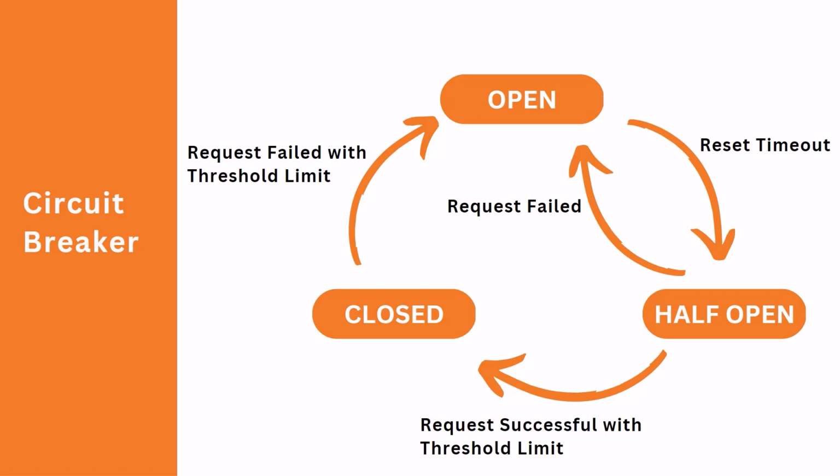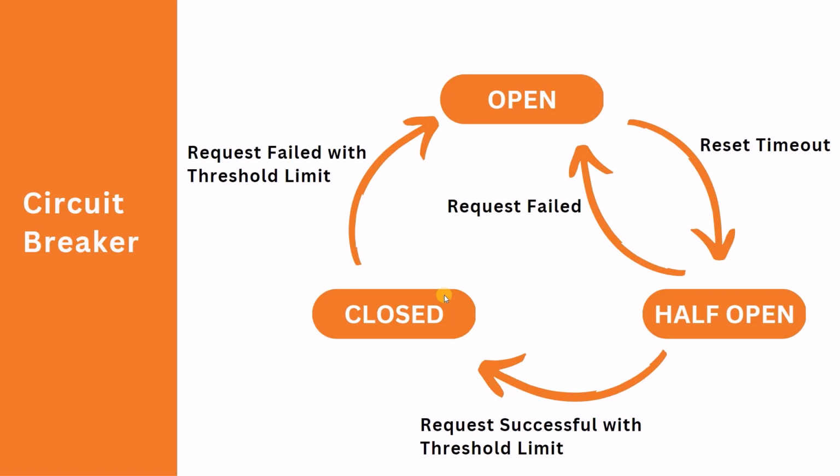A time based circuit breaker switches to an open state if the responses in the last n seconds failed or were slow. In both you can also specify the threshold for failure or slow calls. So this is overall the architecture, diagram and theory of the circuit breaker.